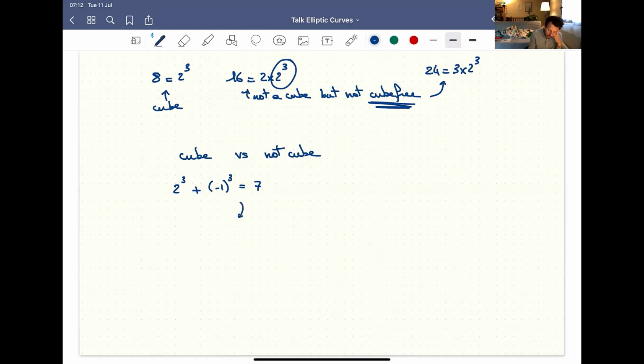But from this, I can multiply this by 8 and say that 2 cubed times 2 cubed plus minus 1 cubed times 2 cubed is 7 times 8, which gives me some relation. 4 cubed minus 2 cubed is equal to 56.